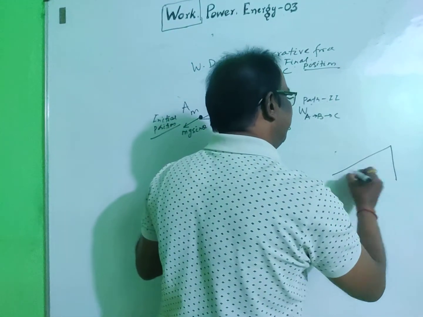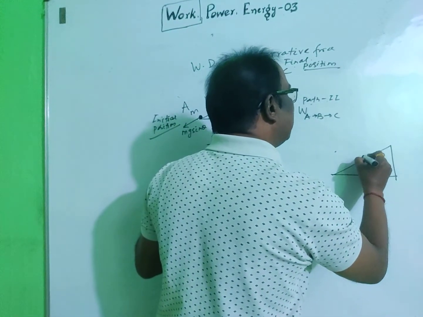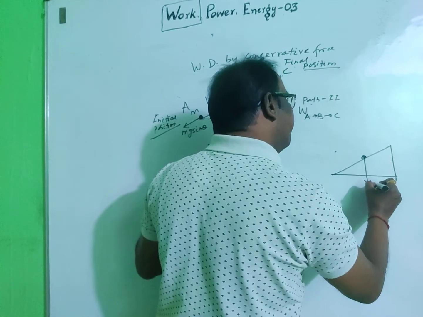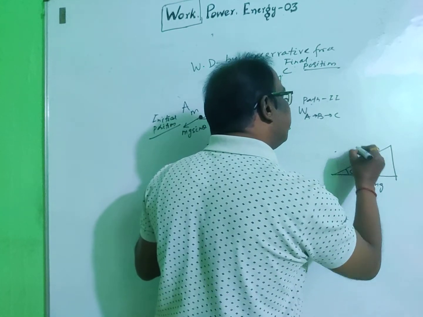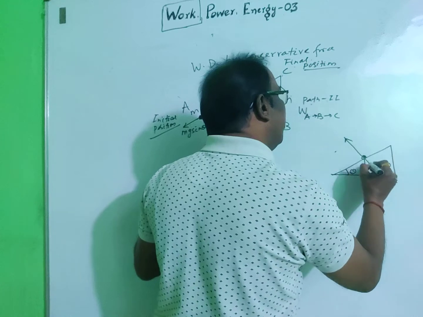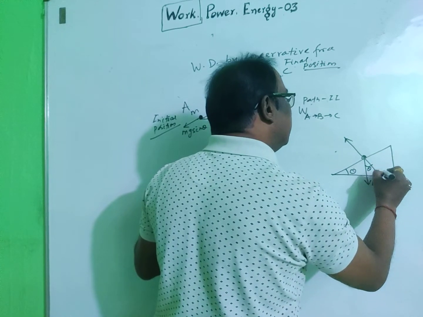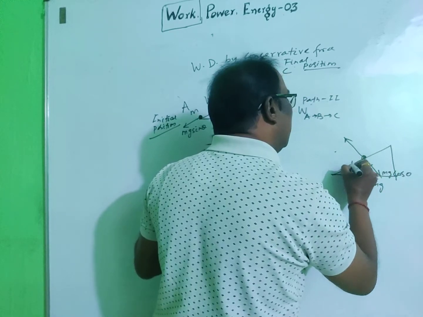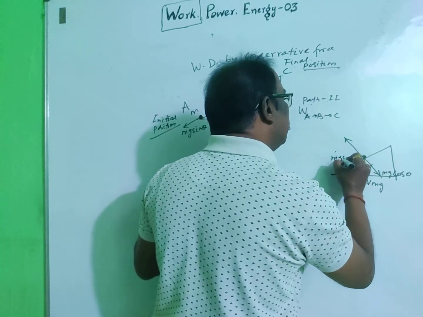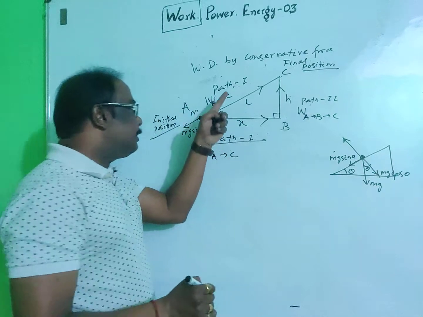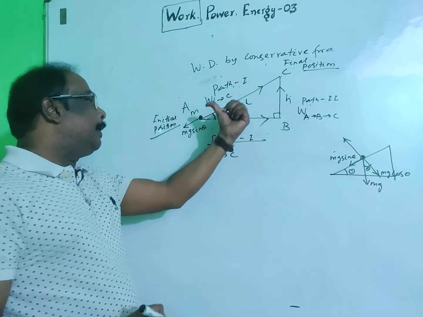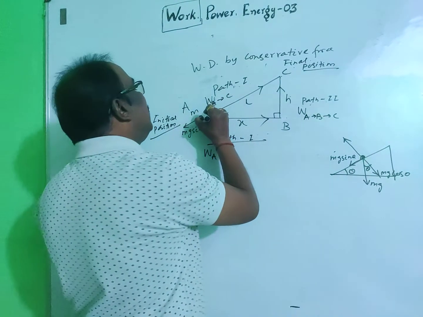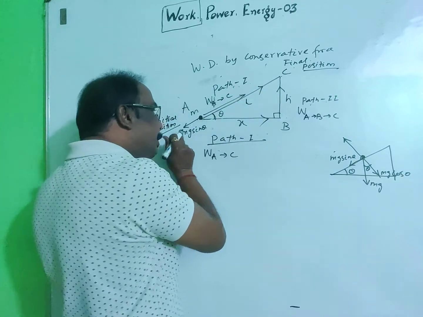Just recall: you place a body here, weight acts in the vertically downward direction, this angle is theta. This is perpendicular to the plane, so this angle is theta, this component is mg cos theta, and parallel to the plane the component is mg sin theta.